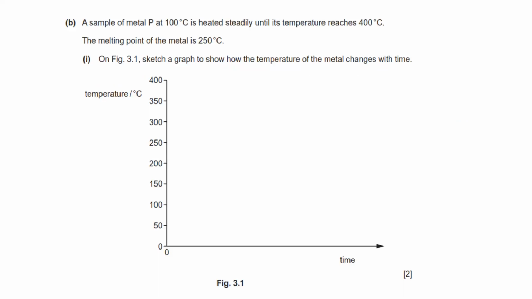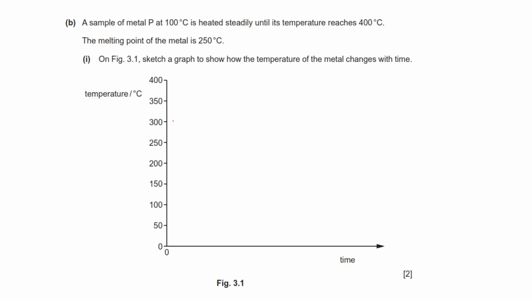Then question 3, part B, it says a sample of metal at 100 degrees centigrade is heated steadily until its temperature reaches 400 degrees centigrade. The melting point of the metal is 250 degrees centigrade. Number 1, on figure 3.1, sketch a graph to show how the temperature of the metal changes with time.